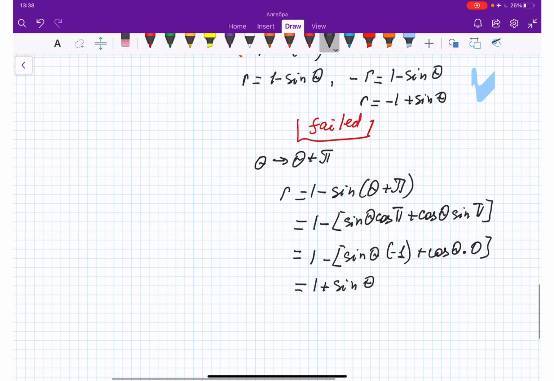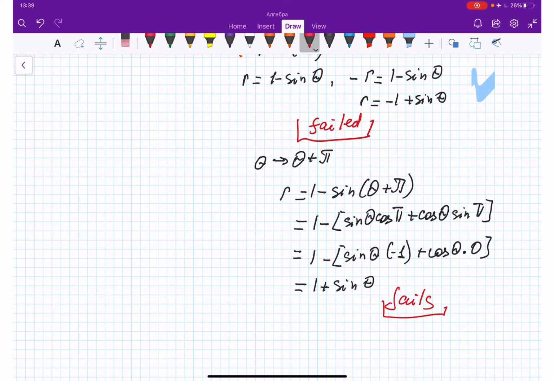This test also fails. So the graph may or may not be symmetric with respect to pole. Next, we need to identify points. So we start graphing the point.